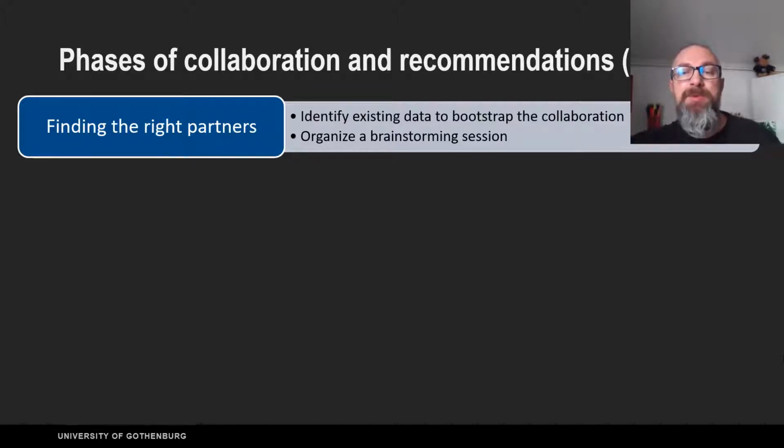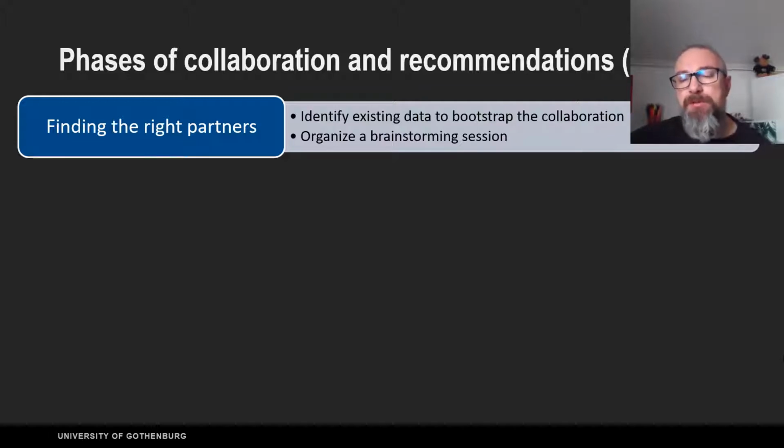And in order to be able to do it efficiently, I think when we discussed that in our team, the most important part was to find the data that you can bootstrap your collaboration with. In our case, my colleague had some old data that I could work with and understand how it works, how to do this study. And of course, organize a brainstorming on what we can do together and what is interesting.